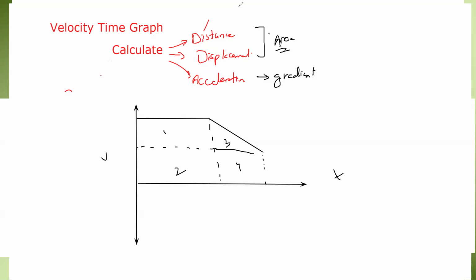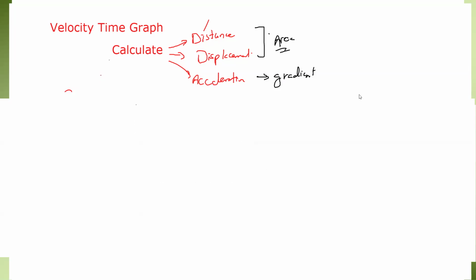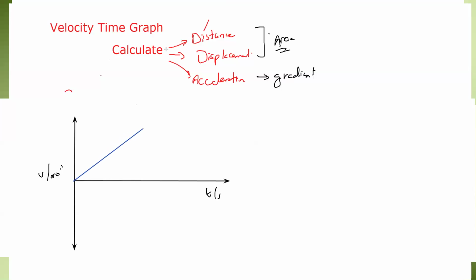The second part is how to calculate an acceleration for linear or non-linear graphs. If you want to work out the acceleration, we have a velocity and time graph, and it's a linear, straight line graph.